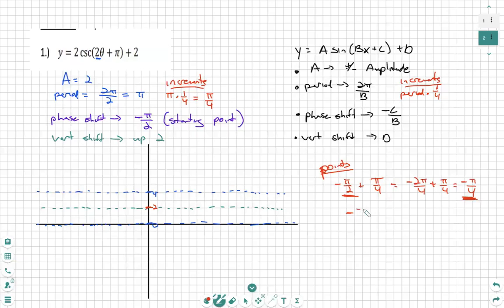Then negative pi over 4 plus pi over 4 is just 0. That is the third point. We need 5 total. 0 plus pi over 4 is just pi over 4. Fourth point. Now we find our last point. Pi over 4 plus pi over 4 is 2 pi over 4, simplified to pi over 2. Those are our points.